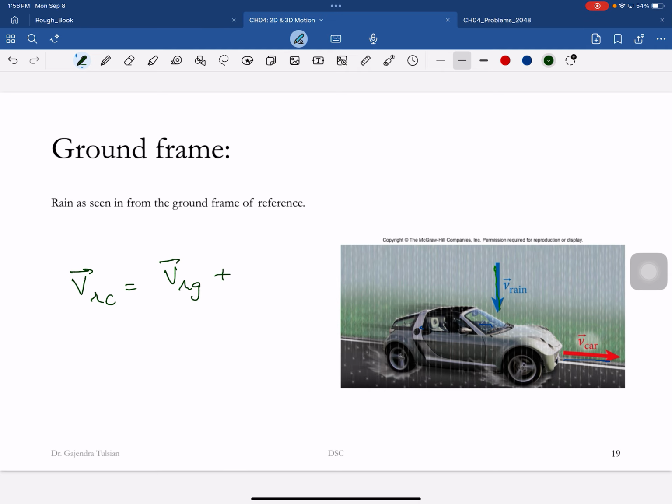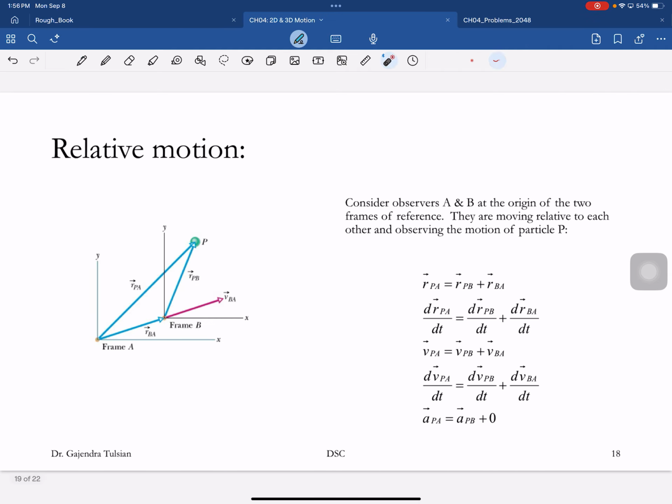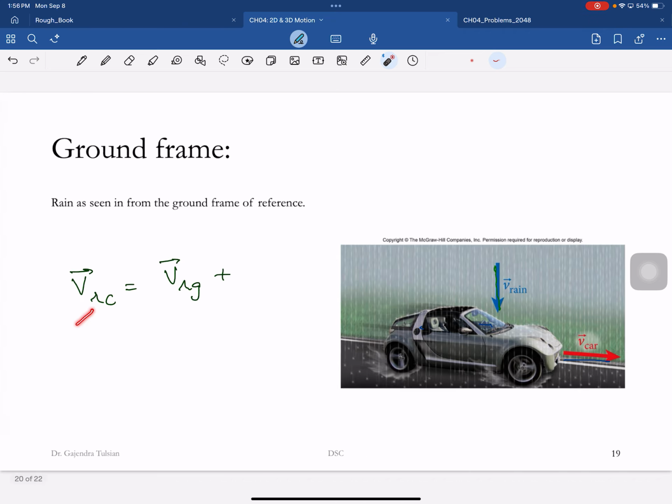Remember, you can insert a letter. Velocity of something with reference to another thing is equal to velocity of that thing with reference to another frame plus VBA. So velocity of the rain with respect to the car is equal to velocity of rain with respect to ground plus velocity of ground with respect to car.